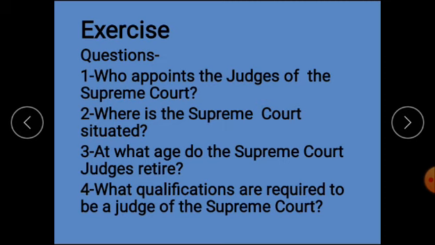First point, he should be a citizen of India. Second, must have an experience of working as an advocate for at least 10 years in a high court, or should have served as a judge of high court for 5 years. Next, must be a distinguished jurist in the eyes of the president.